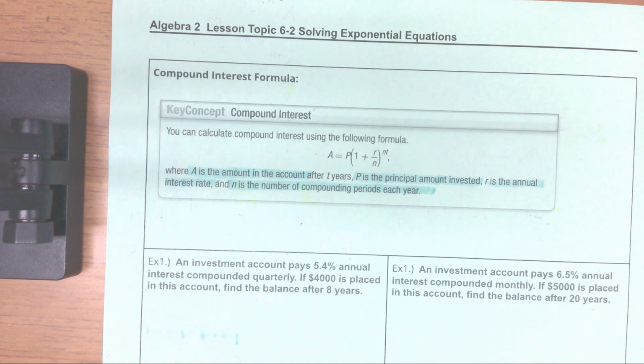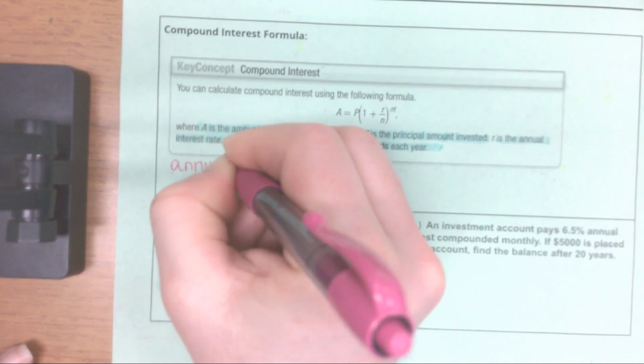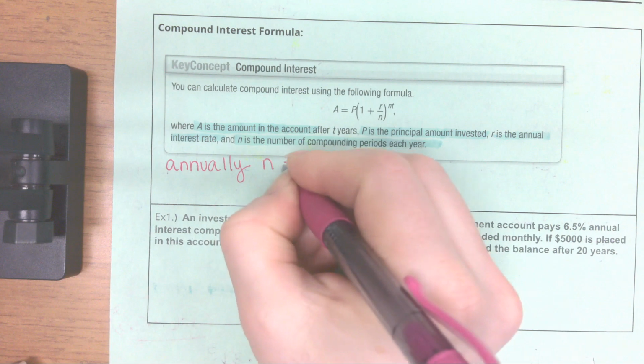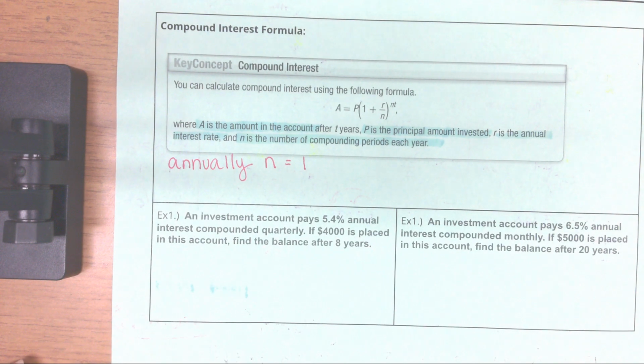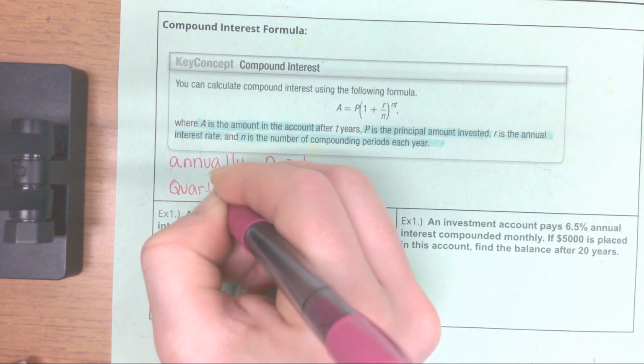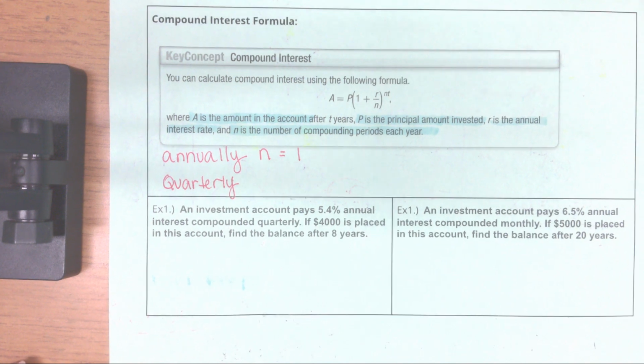So let's talk about some ways that interest is compounded. If you see the word annually, do you know what that means? How many times a year is annually? Once a year. So if you see the word annually, that means you're going to use N equals 1. Another way you might see that's kind of common with money problems is quarterly. What do you think quarterly means?